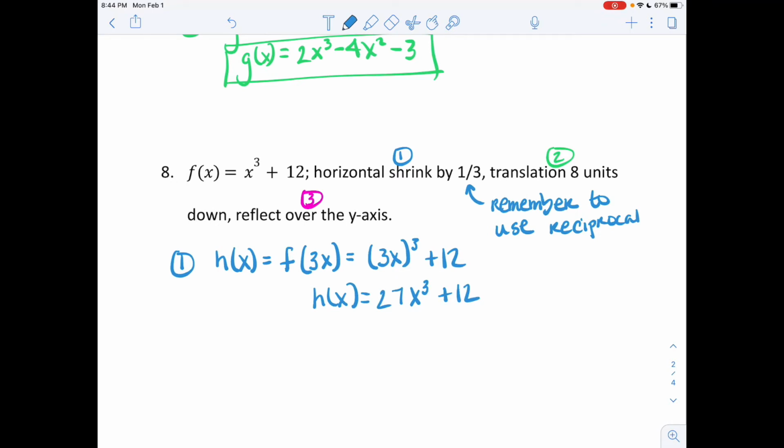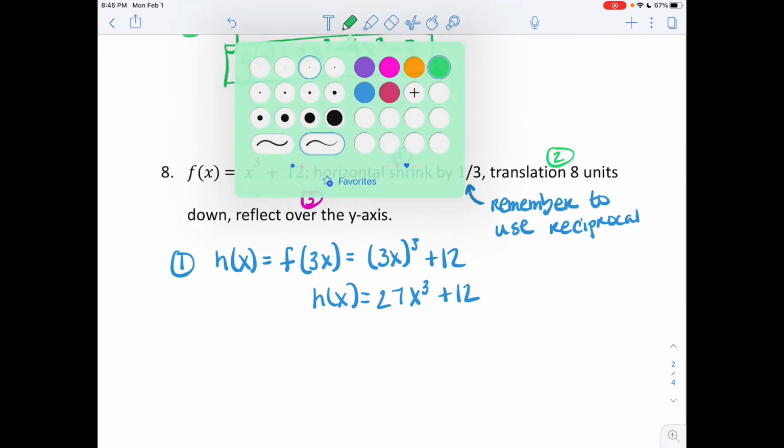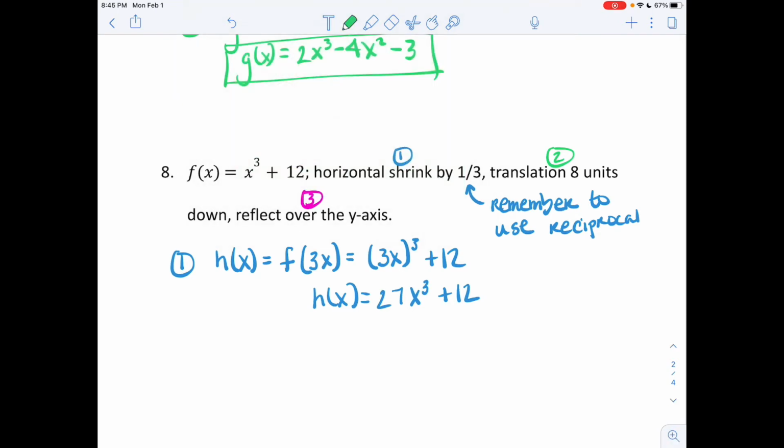Now I will do my translation 8 units down. So 8 units down, that's going to be a negative, and remember that because it's a vertical transformation, going up and down is vertical, that it affects the whole function. So in this case, I'm going to call this j of x.